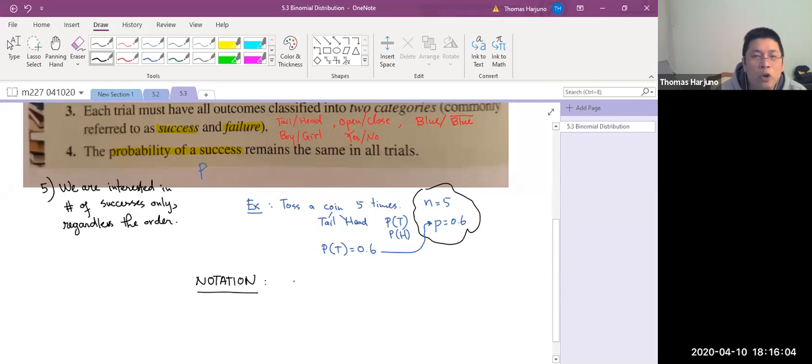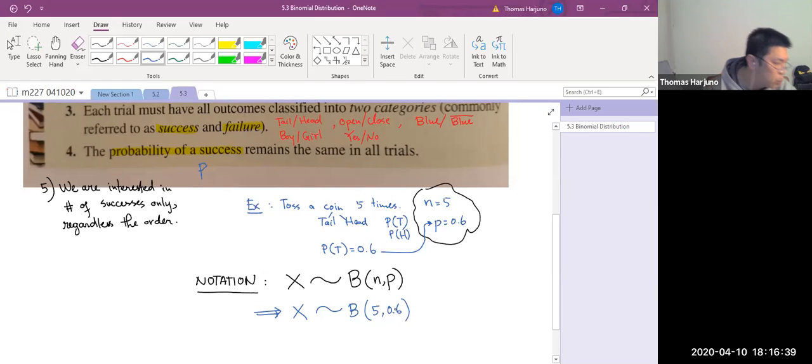If x is binomially distributed, we will write x wave B(n, p). So in our case above, let x be the number of tails appearing. X is binomially distributed with n equals 5, p is 0.6.